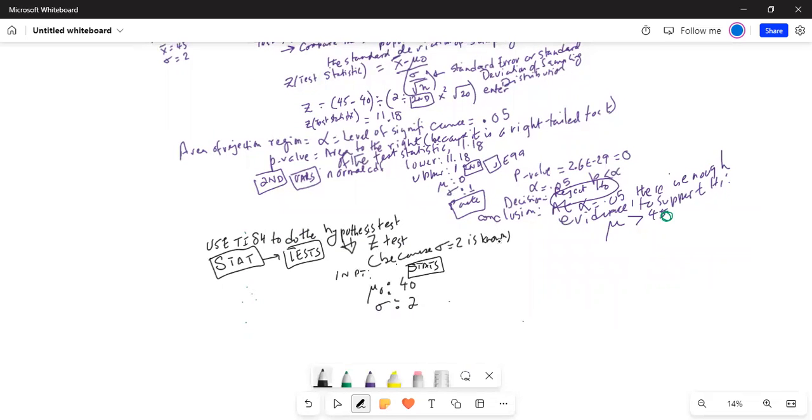That's why we are using the z-test. Then x bar: here a sample of 20, and the mean distance thrown by the football player is now 45. So put x bar as 45. N is 20, sample size of 20.